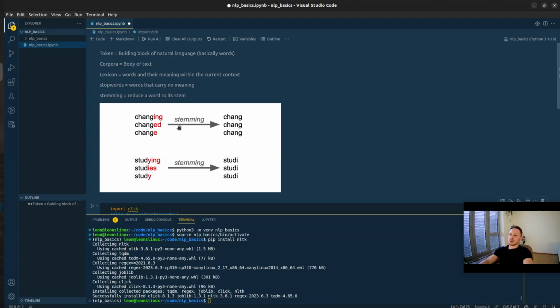Here's a good picture. Here you have the example. Every suffix will be removed and you only have the word stem, which in itself might not always be a real word. If you look at learning, learn would be a real word, but here at studying, you would have study.